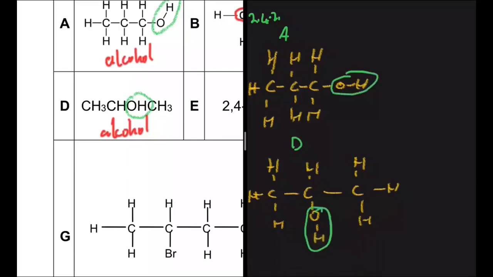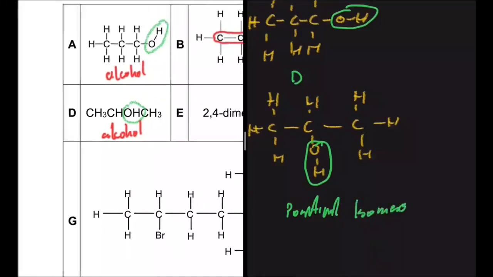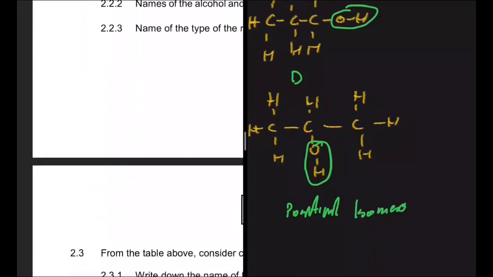So they have the same molecular formula, but just a different position of the functional group. So those are called positional isomers. So 2.4.2, the answer here is positional isomers.